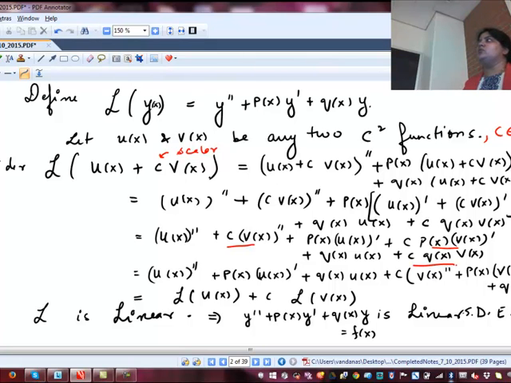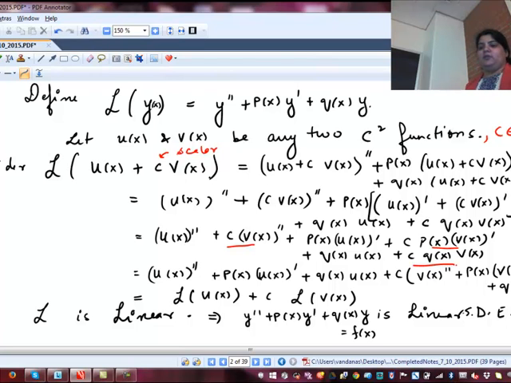L of y equals y prime, linear. So any derivative will be linear. Now think beyond derivatives. Anything else? All derivatives are linear if you don't multiply with the y in it.